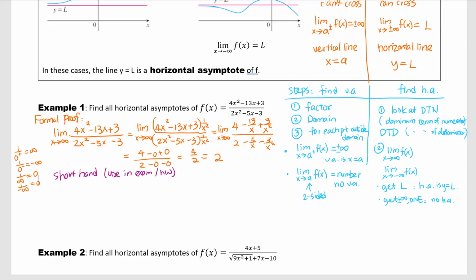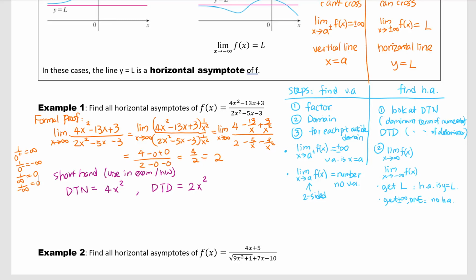Tell me, what is the dominant term of the numerator? The dominant term of the numerator is the highest degree term in the numerator, which is 4x squared. What is the dominant term of the denominator? It is the highest power term in the denominator, which is 2x squared.